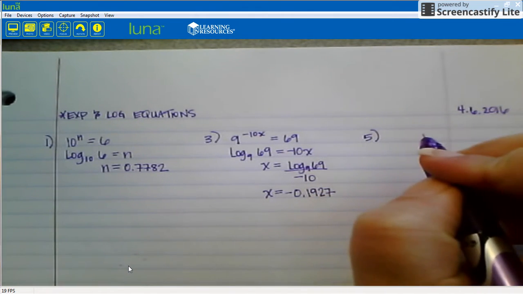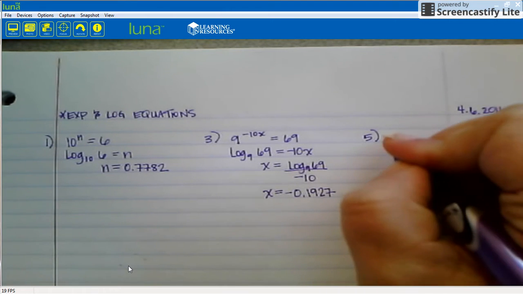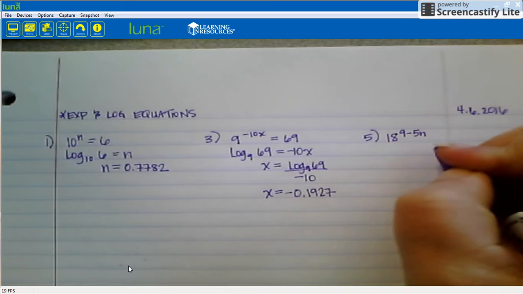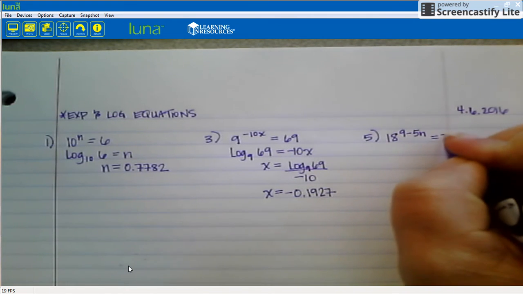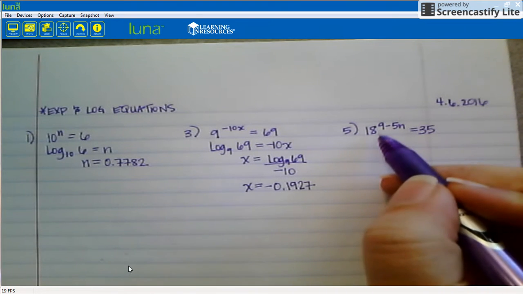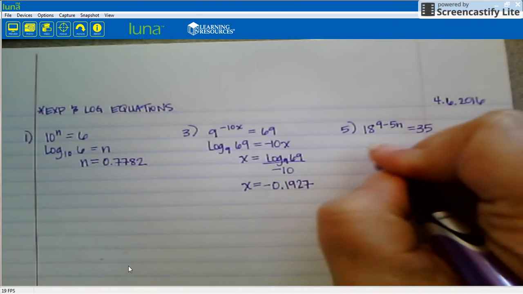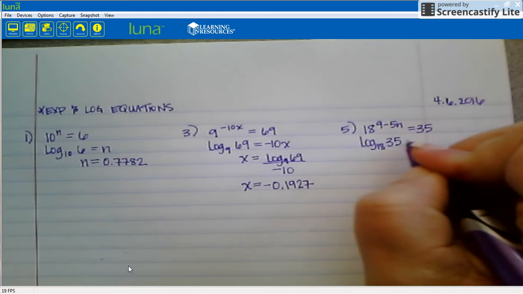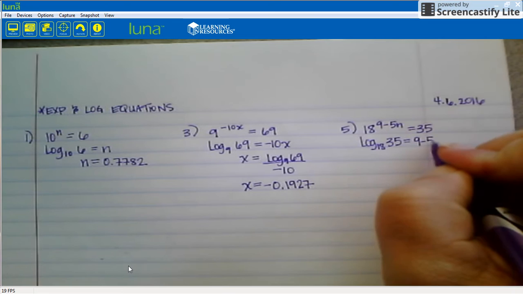For number 5, we have 18 raised to the 9 minus 5n power is equal to 35. So again, our exponential has been isolated for us already, so we rewrite as a logarithm. So we have log base 18 of 35 is equal to 9 minus 5n.